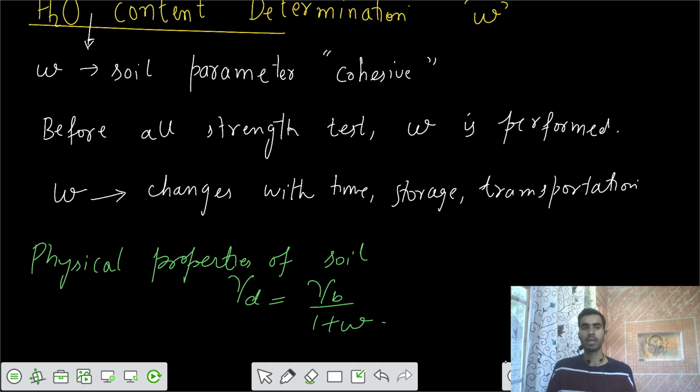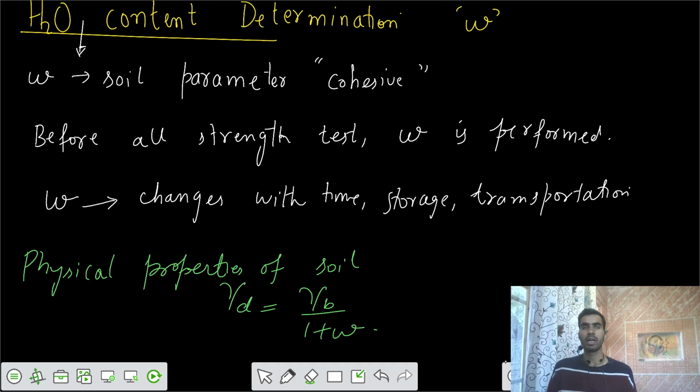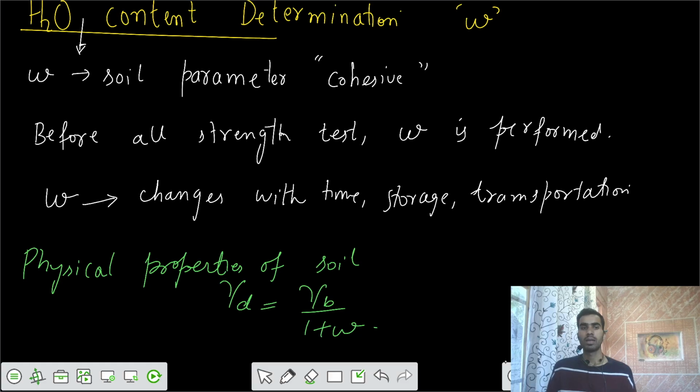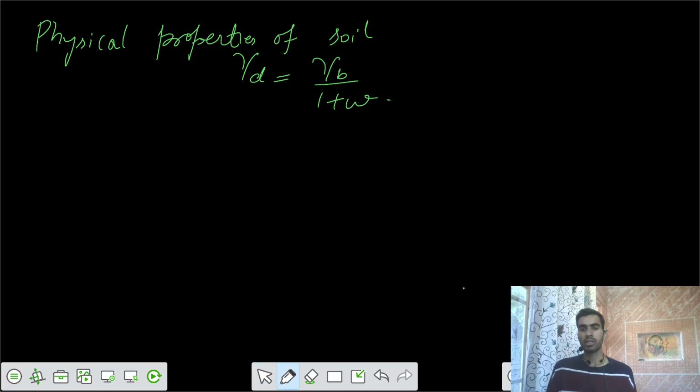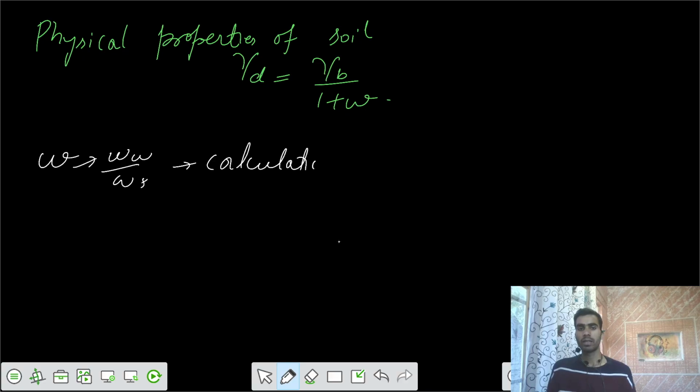For calculating the water content, we have a few methods to begin with. Water content determination is actually accurate because water content is weight of water by weight of solids. So we have to calculate weights, and weight calculation is easier and more correct.